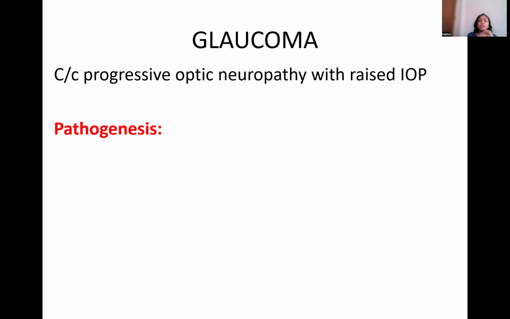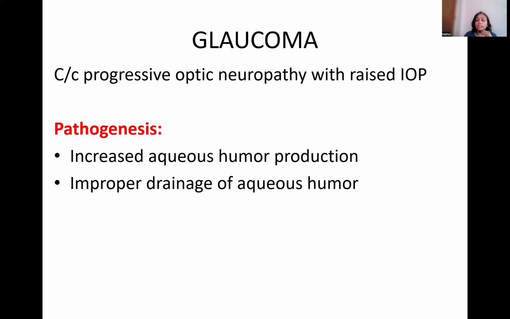Now, what happens in glaucoma is that when the intraocular pressure goes above 21 mmHg, over the long term it will produce damage to the optic nerve. So it is a chronic progressive optic neuropathy with raised intraocular tension or intraocular pressure.